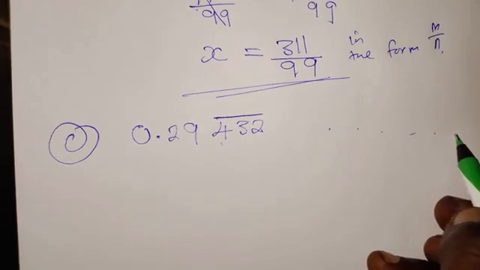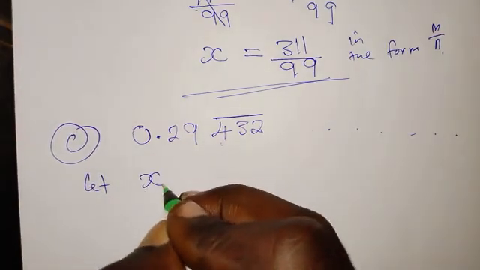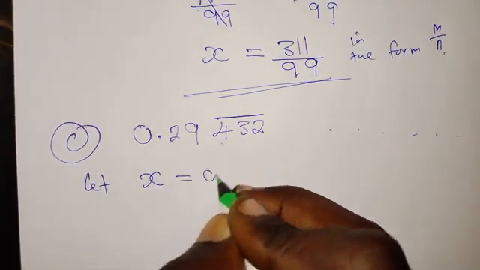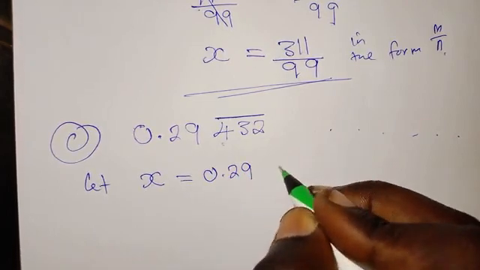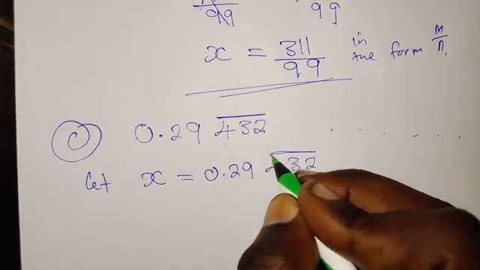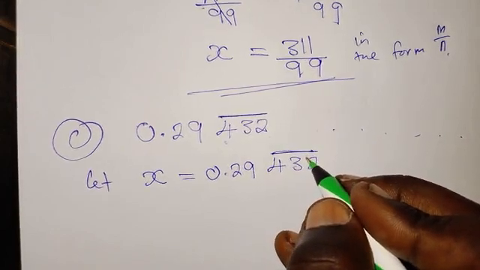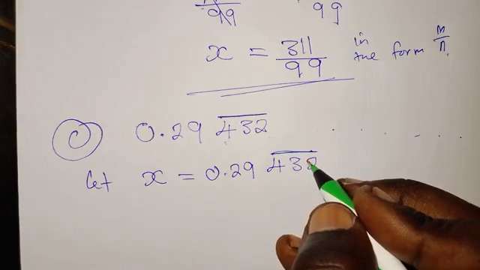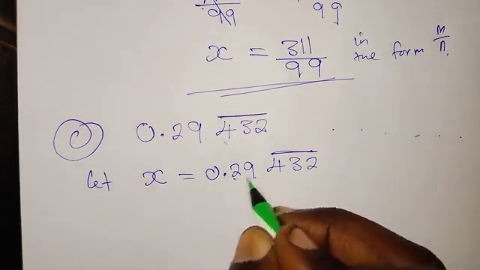So now, what do I do? If I say let my x be equal to 0.29432. Now remember, we simply said that after the point is where we're supposed to have repeating numbers. But in this case, my x has 2, 9, which is not repeating.